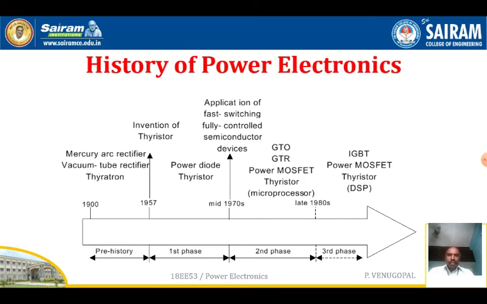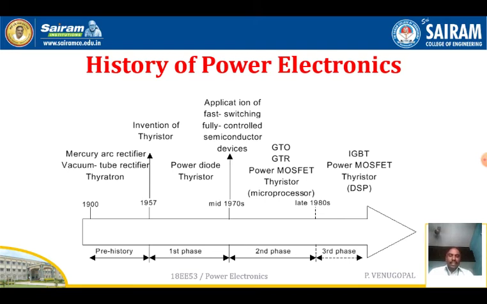Next is the history of power electronics. It evolved in the year 1900 with the invention of the mercury arc rectifier, which is a vacuum tube rectifier, and the thyratron. The first thyristor was invented in the year 1957, and in the mid 1970s the power diode and thyristors evolved with the application of fast switching, fully controlled semiconductor devices.